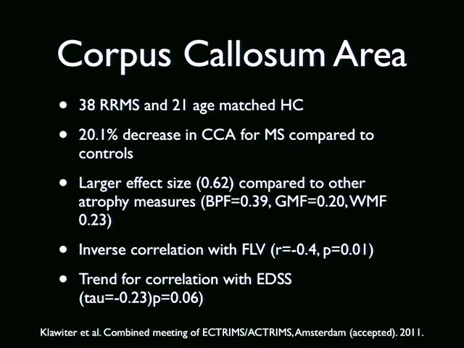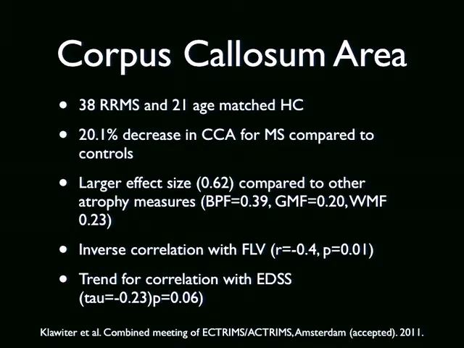However, an interesting finding was that the effect size of the difference in the corpus callosal area was much greater than some of the other global atrophy measures, like brain parenchymal fraction, but also fractionation of the gray matter and the white matter.